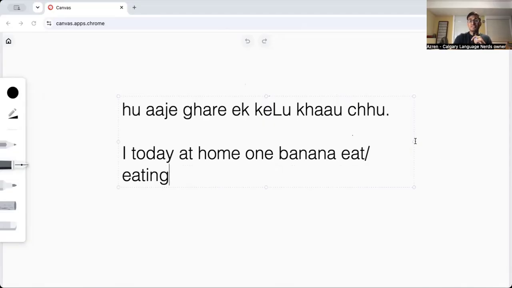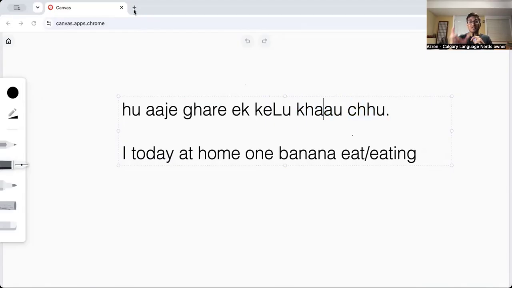The first thing about Gujarati word order is we have to keep word clusters together. For example, khao chu: when we do verb conjugation in the present tense, we have two parts, khao plus chu.